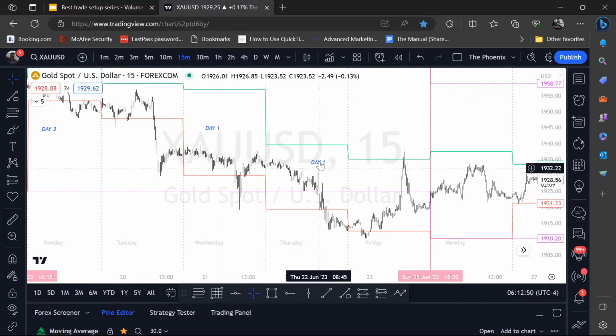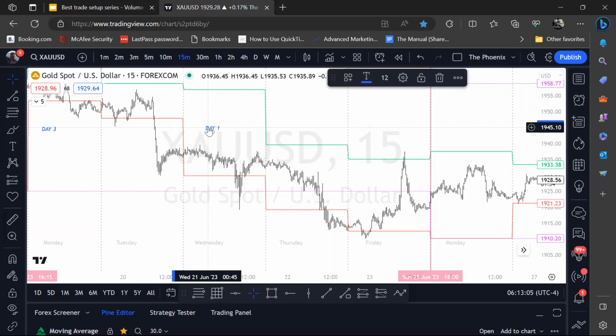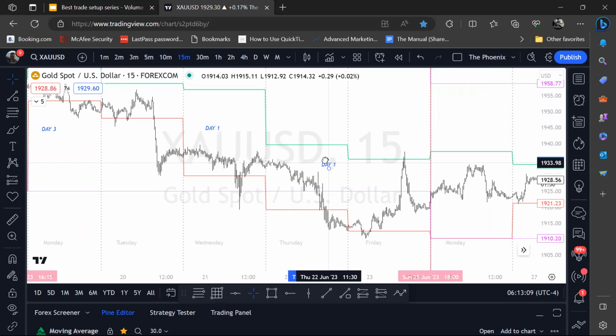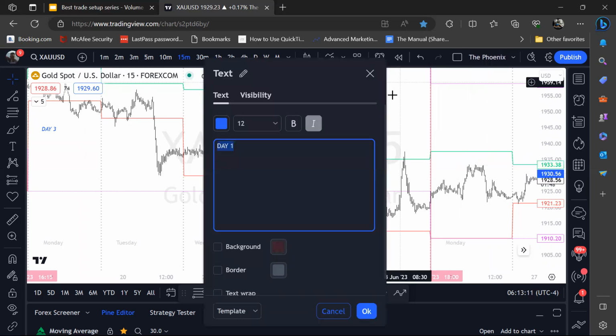So we have this, let me be clear here. We have this close. This is day one. We have day two. It breached the low, but it didn't close back inside on the same day. It closed back inside on the next day. And so that's how this count would have reset. And then we would have had day two here.